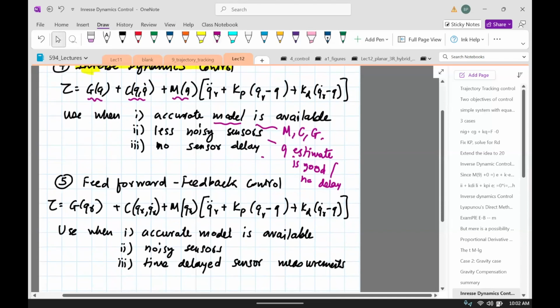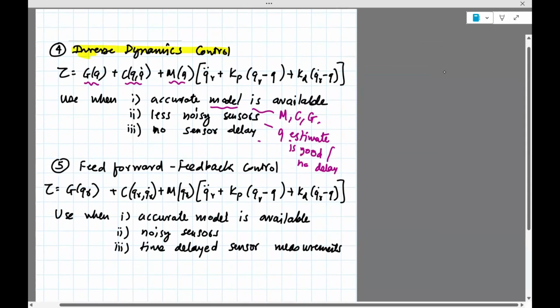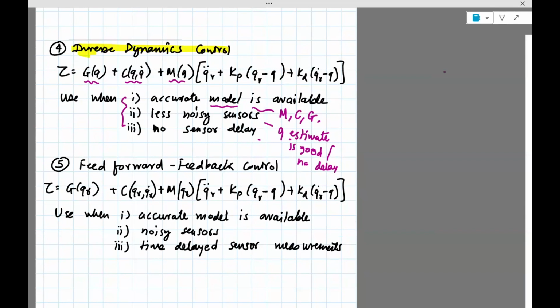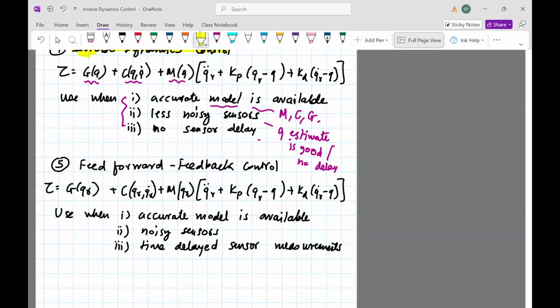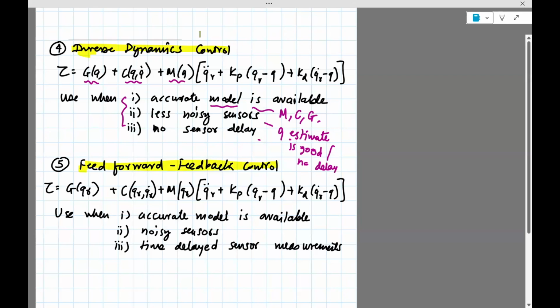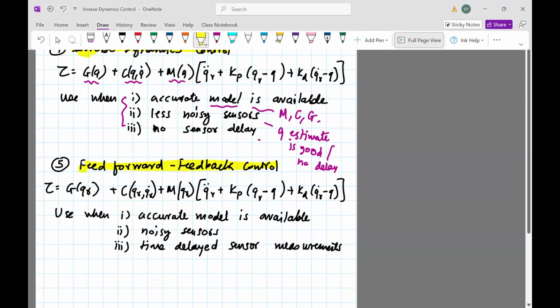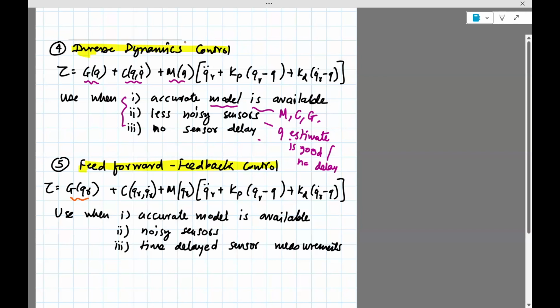Now, if none of these conditions, 1, 2, and 3, are satisfied, then what you want to do is instead use a feed-forward, feedback controller. What it does here is essentially change the G(q) term to G(q_r), C(q_r, q dot r), M(q_r). That way, you still need an accurate model, but you can live with noisy sensors to some extent.